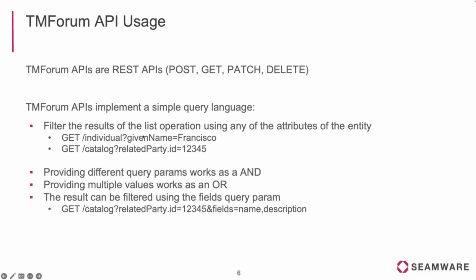So you can use the attribute directly to query. For example, here we are making a GET request to read individuals, and I want all individuals whose given name is Francisco. So I'm making this query. There are also some attributes in the TM Forum API which are actually objects or arrays. In those scenarios, you are able to query those by linking with the dot, similar to what is done, for example, in MongoDB.